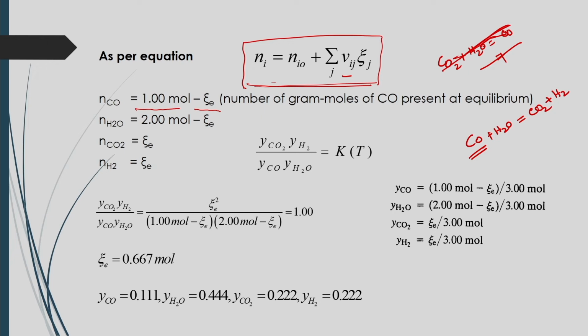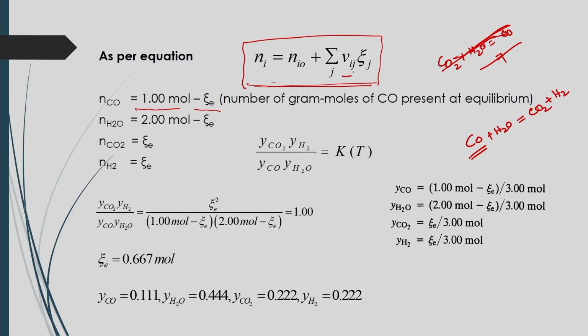As we told, for the reactant the coefficient is considered negative, whereas for the product it is positive. So, carbon monoxide is represented by N CO equal to 1 minus xi.